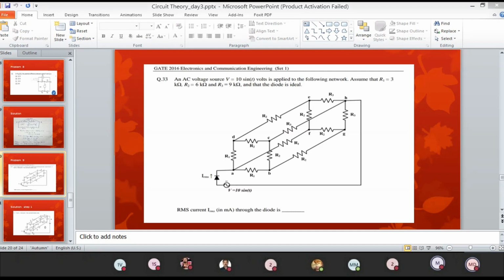But here we have R1 3 kilo ohm, R2 6 kilo ohm, R3 9 kilo ohm. So you have three different resistors, and we are assuming the diode to be ideal. So how to proceed? Kindly understand one thing.